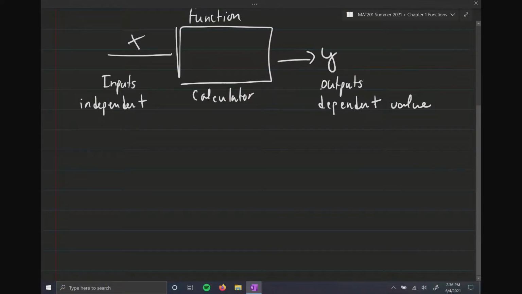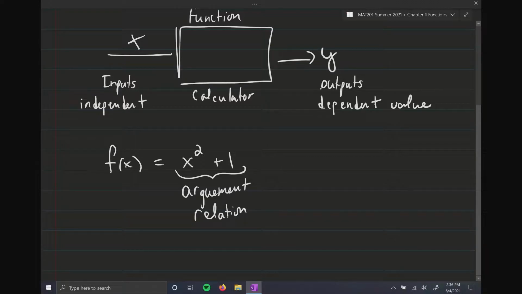Now, the thing that we're really concerned with here is that within functional notation, so let me give you an example here. So f of x equals, we'll say, x to the second plus 1. This is called the argument. I've also heard this referred to as a relation, meaning that this part of the function here will relate the x variable and the y variable together.